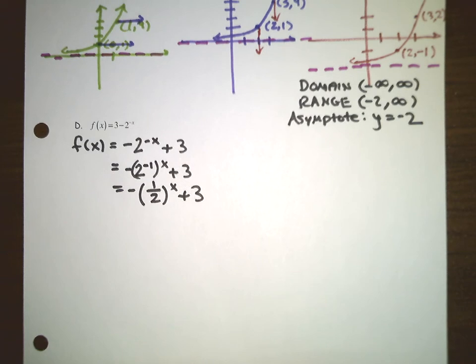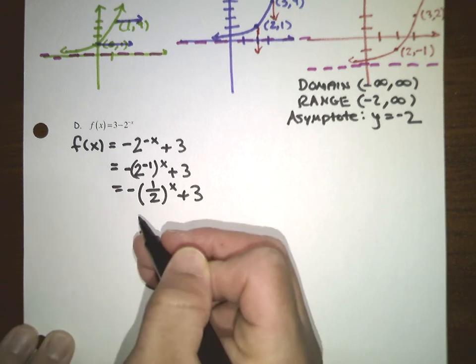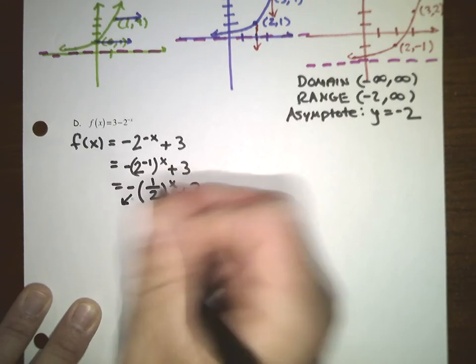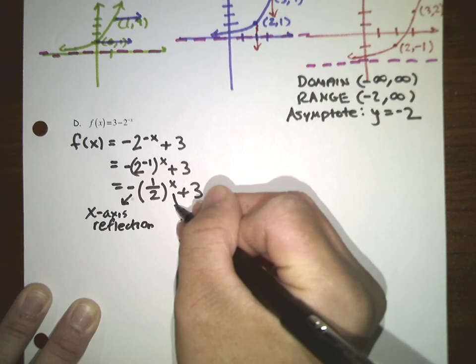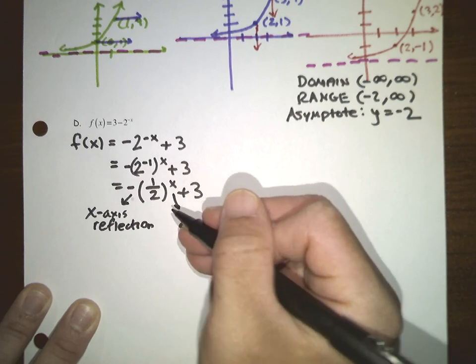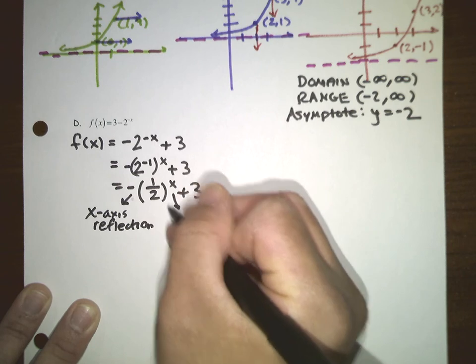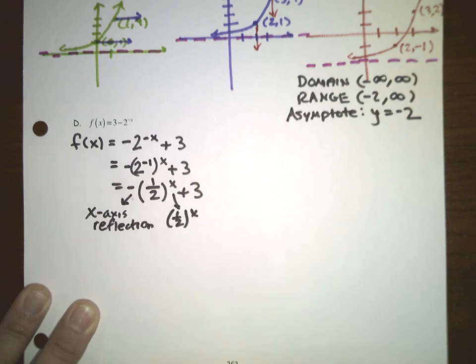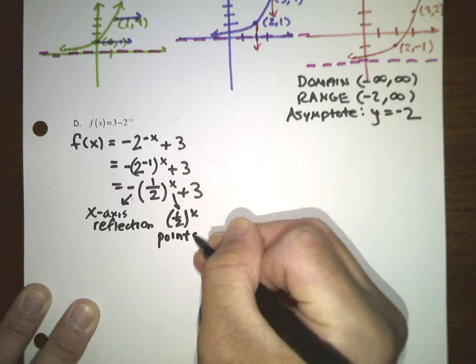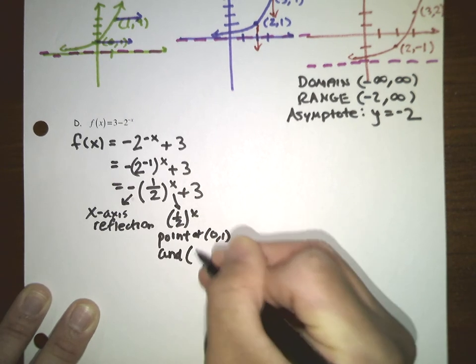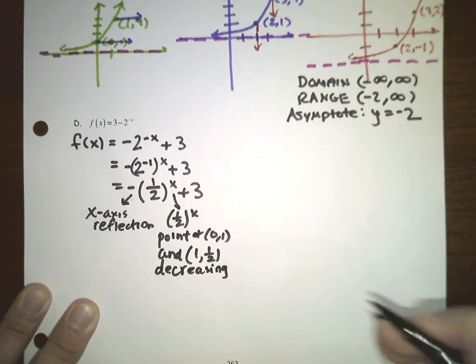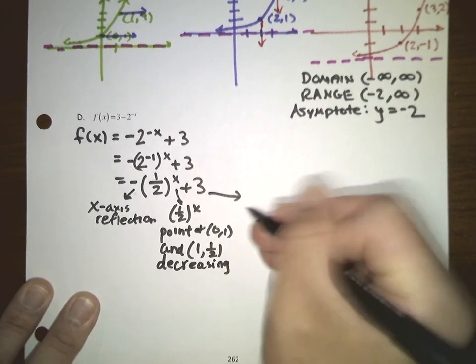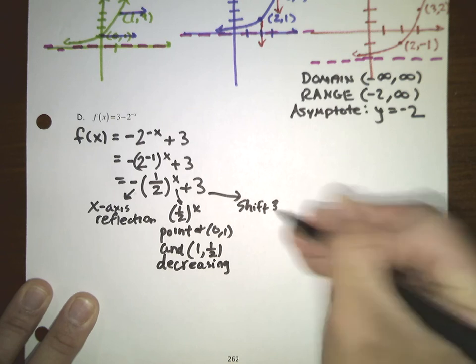So now I have -1/2 to the x power plus 3, and I see that this negative here would be an x-axis reflection, and then I have a 1/2 to the x, that is a function with a point at 0, 1, and at 1, 1/2, and it is actually decreasing because the half is between 0 and 1, and then the 3, this is a shift 3 units up.